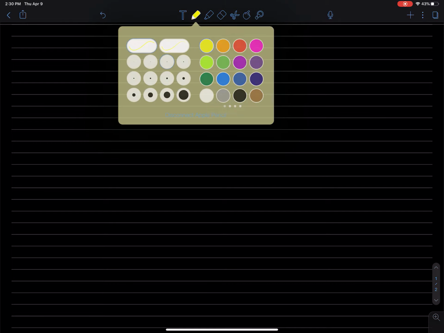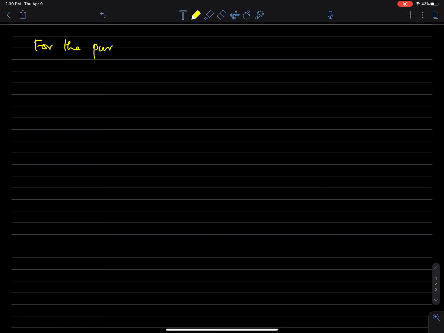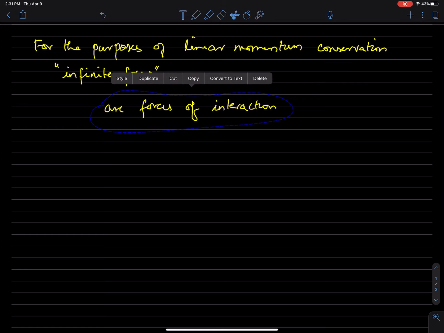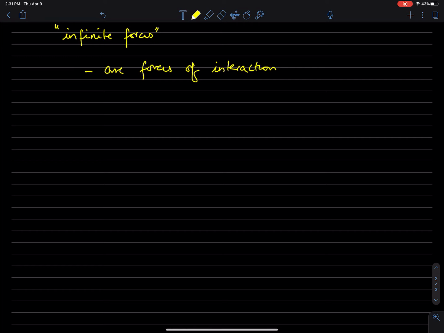For the purposes of linear momentum conservation, infinite forces happen in a collision, which are forces of interaction that happen over an infinitesimal duration.